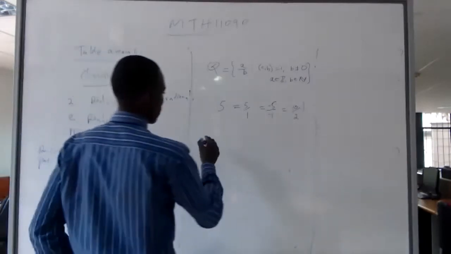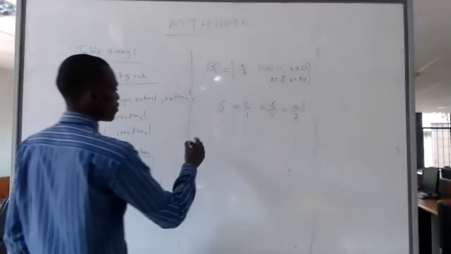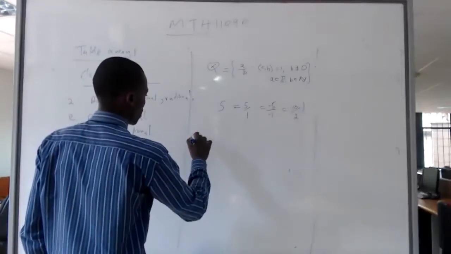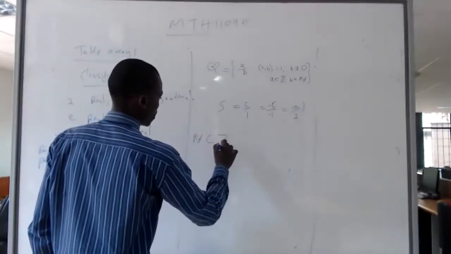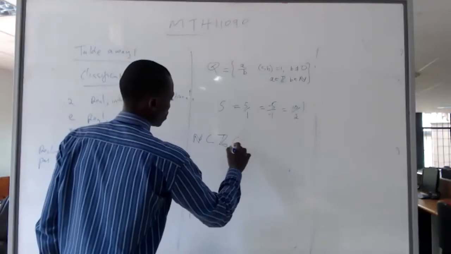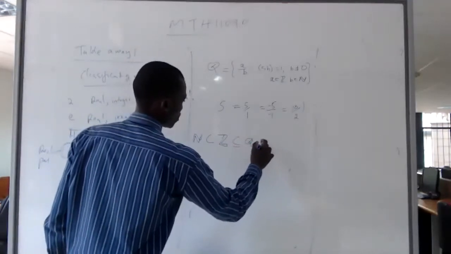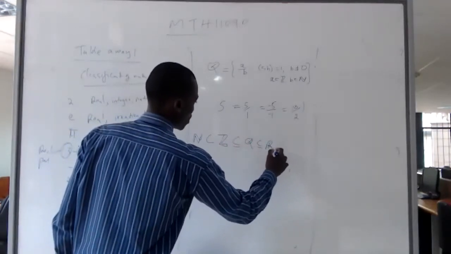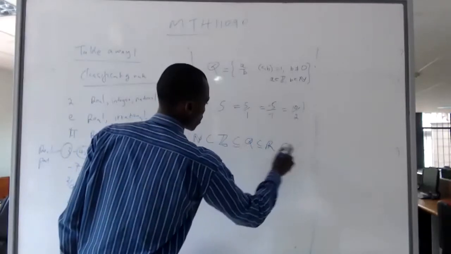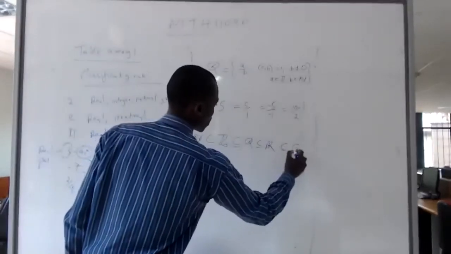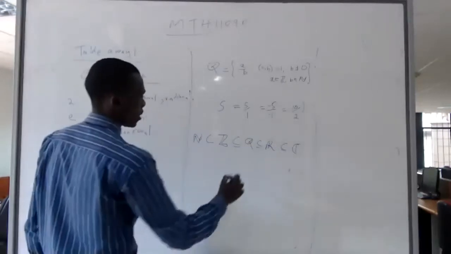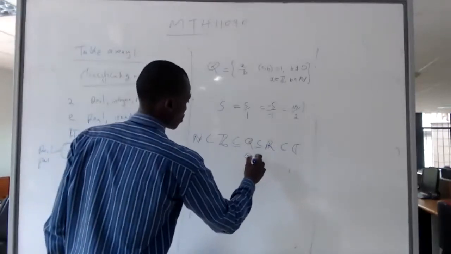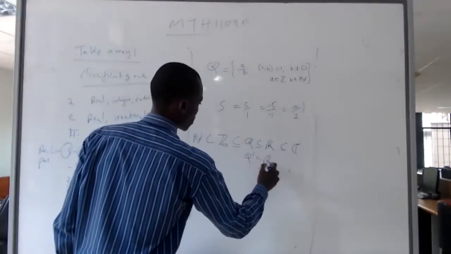And I remember I gave you the order of inclusion. So you have natural numbers contained in the integers, which is contained in the rationals, which is contained in the real numbers. This, as we shall see later, will be contained in the complex numbers. Then we also have that the irrationals is contained in the real numbers.